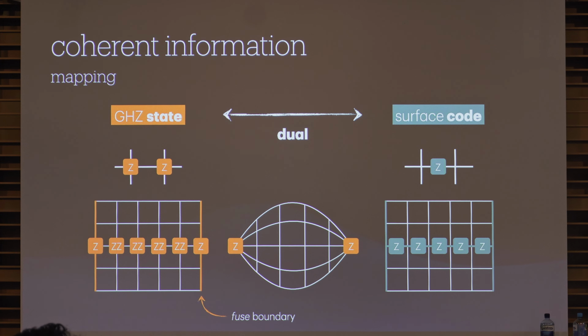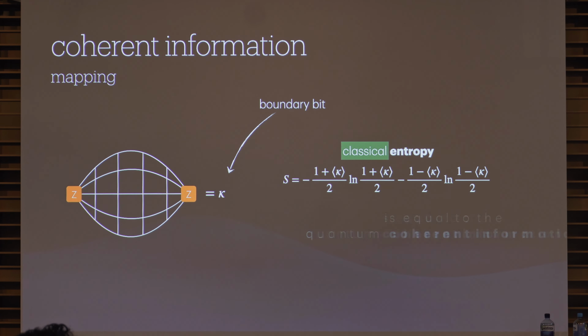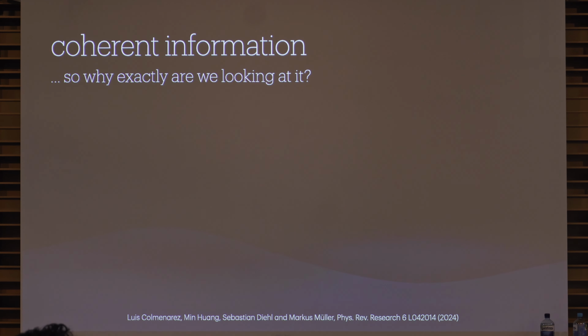Right, so this parity of our boundaries defines a boundary bit. And if we calculate the classical entropy of this boundary bit, then this is exactly equal to the quantum coherent information.